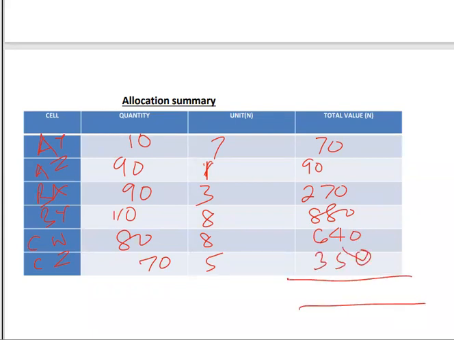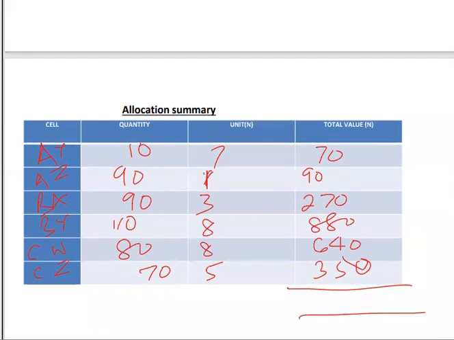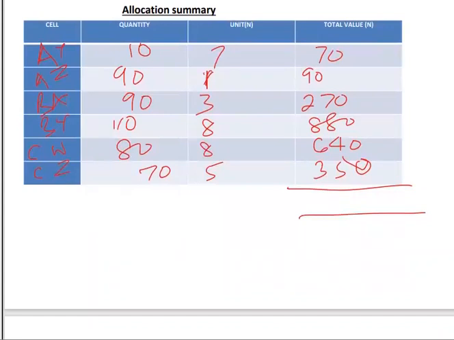So what is now the total cost? 70 plus 90 plus 270 plus 80 plus 640 plus 350.